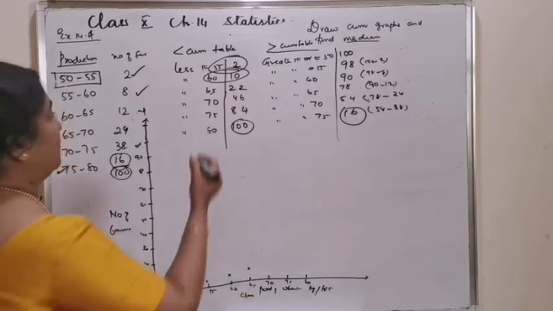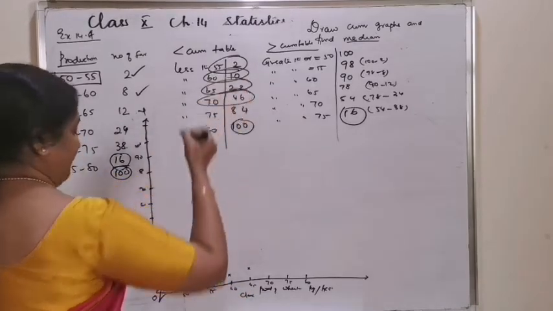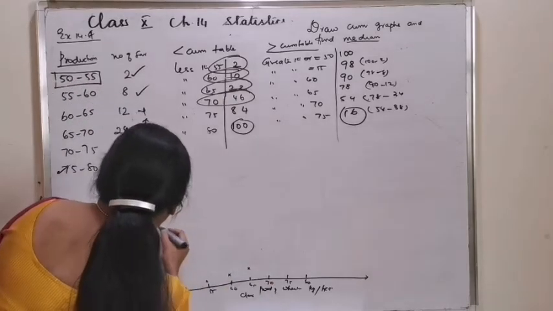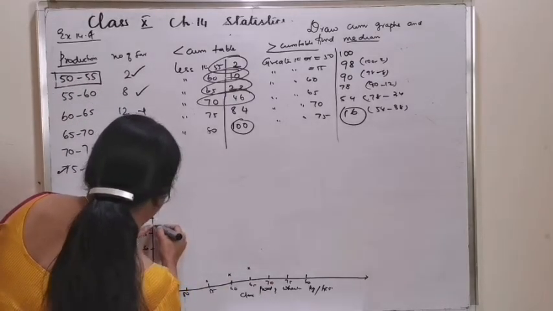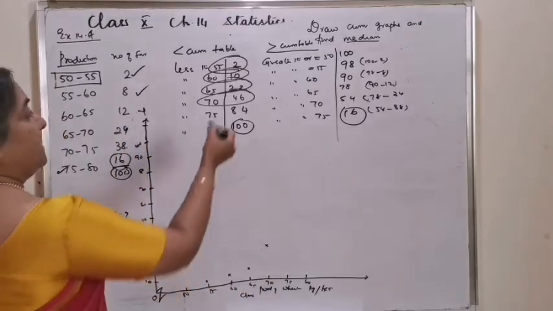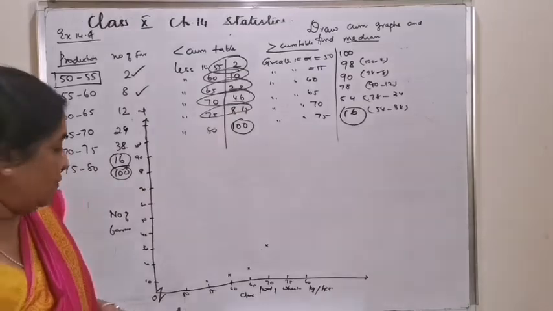Next is 70, 46 approximately. Then 75, 84.